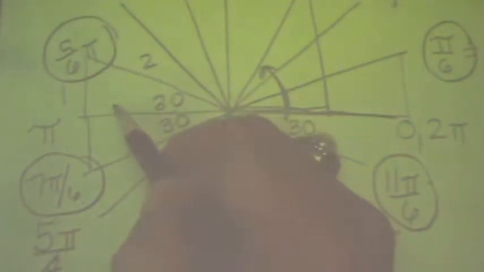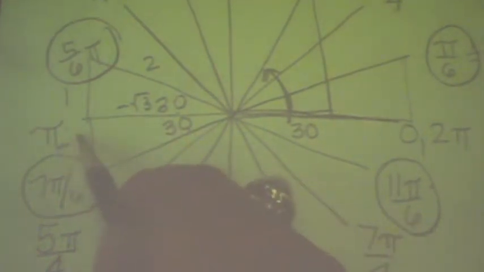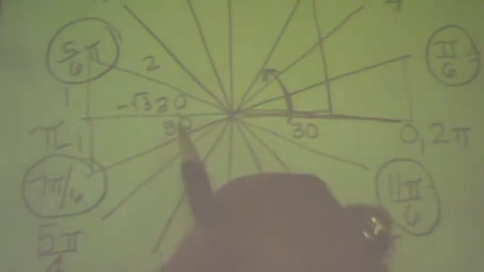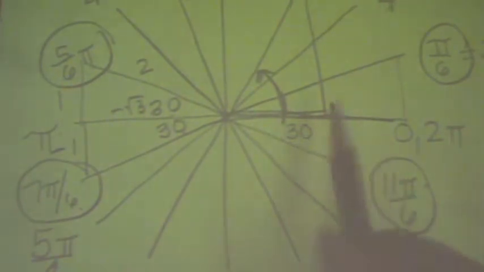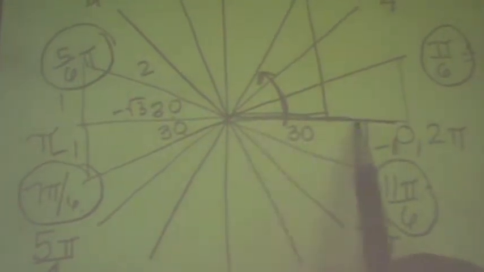So you're going to call this side 1, 2, negative root 3. If it's in quadrant 3, this is going to be negative 1, this is going to be negative root 3 and 2. And if you're in quadrant 4, this is going to be a negative 1, this is going to be a positive root 3, and then 2.